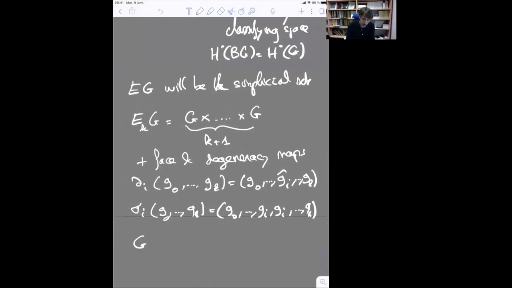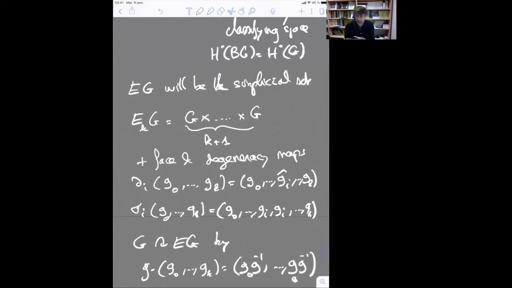G acts on EG, and you have two choices; I will use this choice here. The quotient EG mod G is now a classifying space for G.